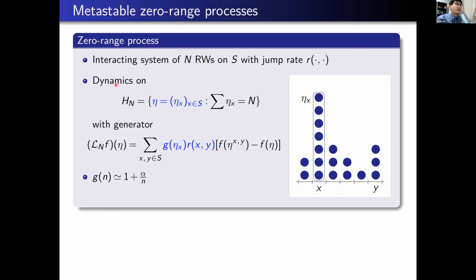The dynamics of the zero-range process is given by this form of generator, which implies that a particle at site x jumps to site y with rate g(eta_x) r(x,y), where g is a function satisfying this kind of asymptotic relation with some parameter alpha given here, which is important in our discussion.